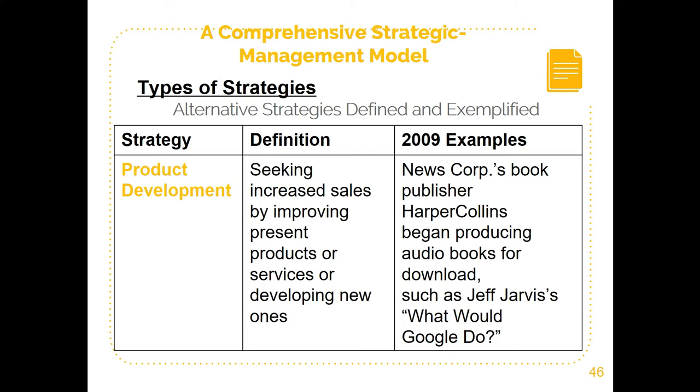An example is that News Corp's book publisher HarperCollins began producing audio books. It's not just books for reading, but it's also books for listening. Books for download, such as Jeff Jarvis's What Would Google Do?